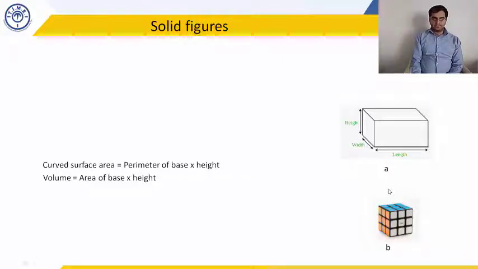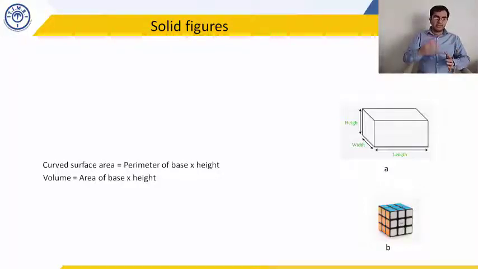And then we have a cube. A cube is a cuboid, but with all sides equal to each other. So the cubes that you have seen in your life would be a Rubik's cube, all sides equal. Or in some restaurants, they give sugar cubes. So that is an example of a cube. A cube has perfect symmetry.